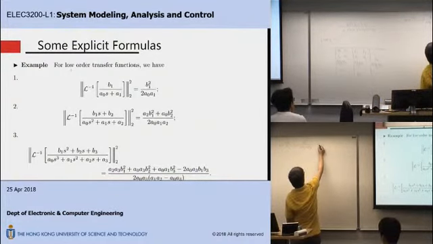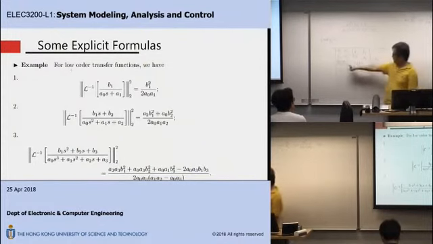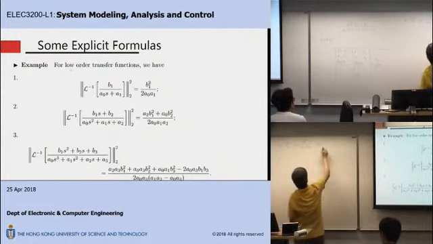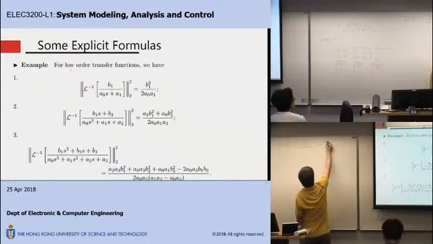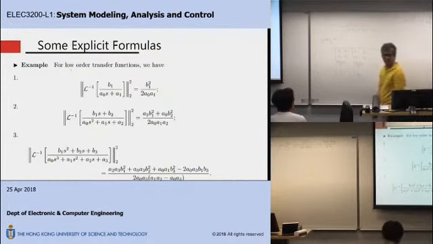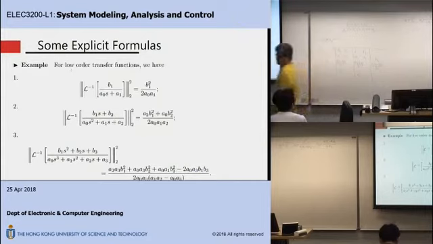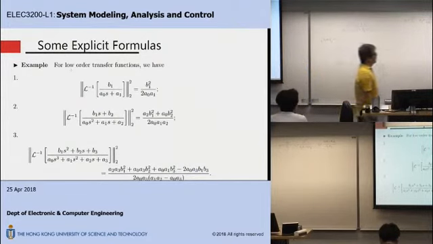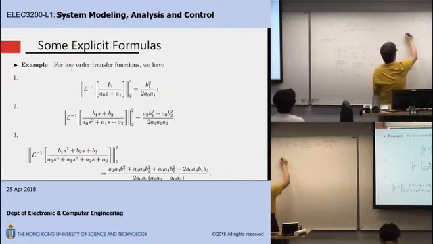Alpha 3 is this divided by this. I get all the alphas, then there's a beta 1.